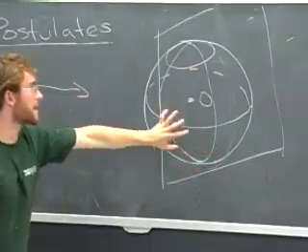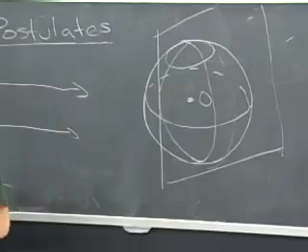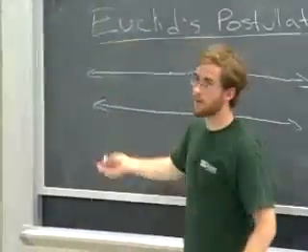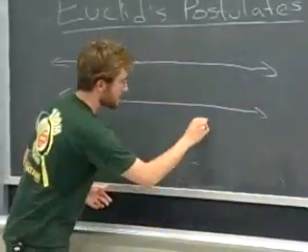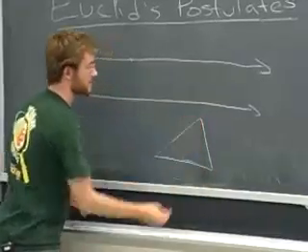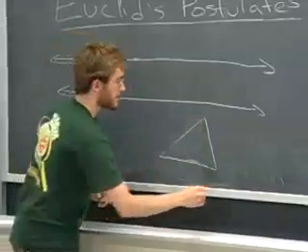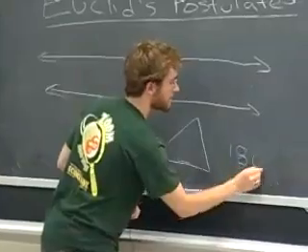So in spherical geometry, things obviously don't behave the same way, and one of the things you could derive using Euclid's axioms was that the sum of the internal angles of a triangle is always 180 degrees.